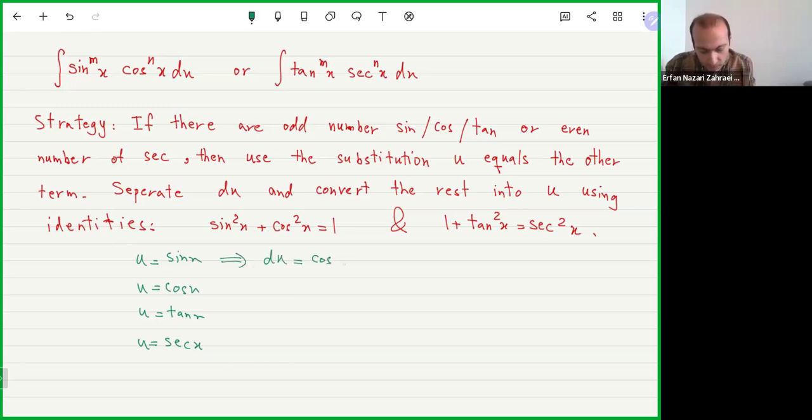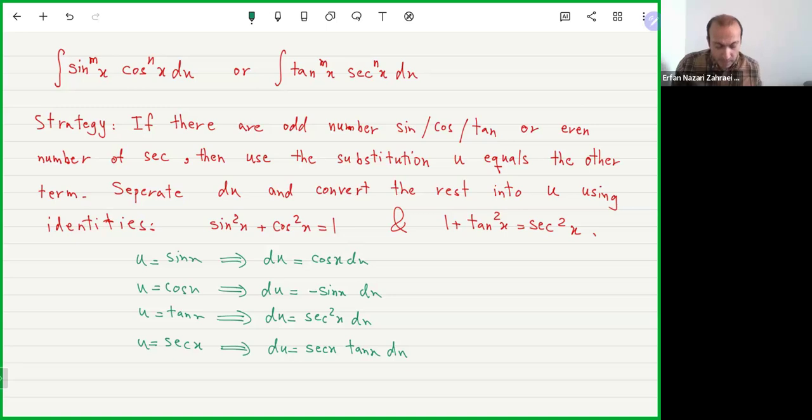For this one, du is cos x dx. For this one, du is negative sine x dx. For this one, it is secant squared x dx. And finally, for this one, it's secant x tangent x dx.